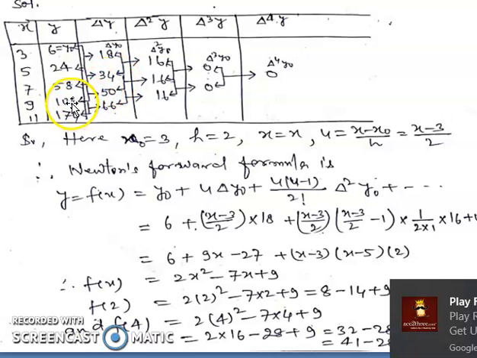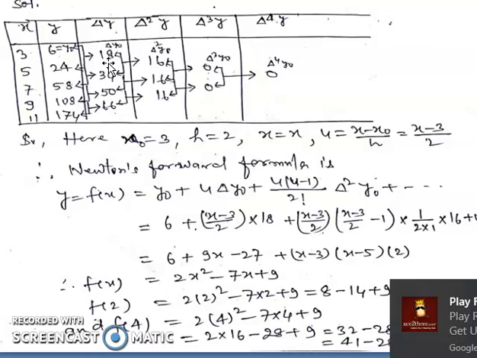Next 108 minus 58, that is 50. 174 minus 108, put in the middle, that is 66. Again, del y0 means the initial value of del y, which is 18. So write down here del y0, that is 18.